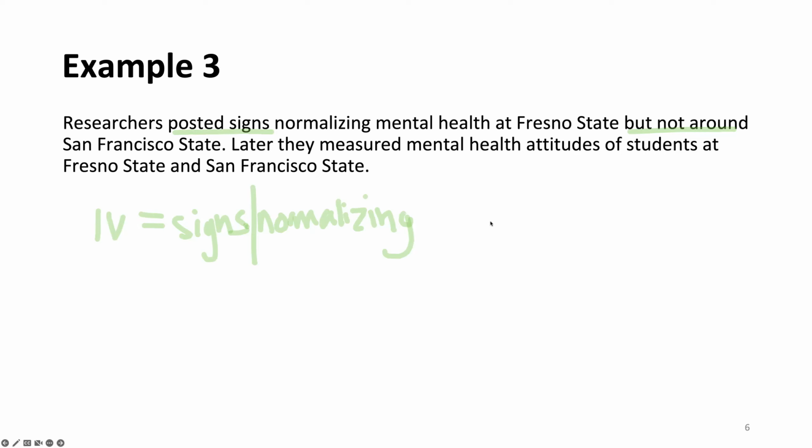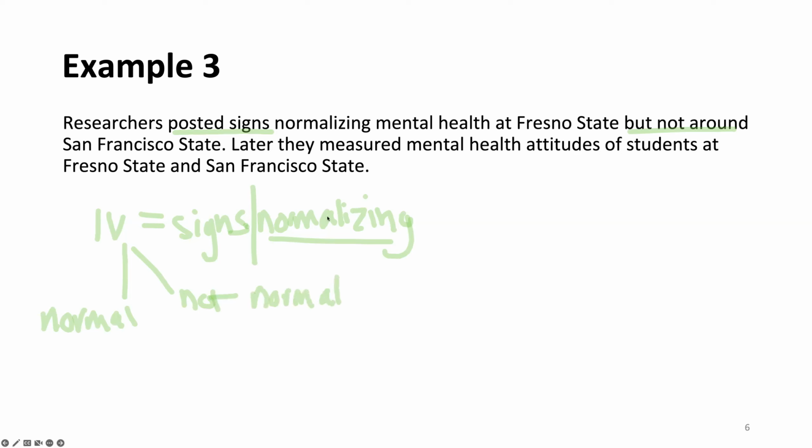So the goal of this study is to see, can we help with that normalizing mental health? So we are manipulating, as the researcher, this condition of normalizing or not normalizing. So we're adding some signs that help normalize mental health. So that would be our independent variable, these two conditions. So we could say normal and not normal. Those are our two conditions.